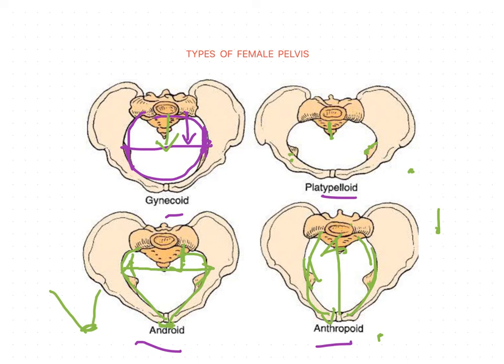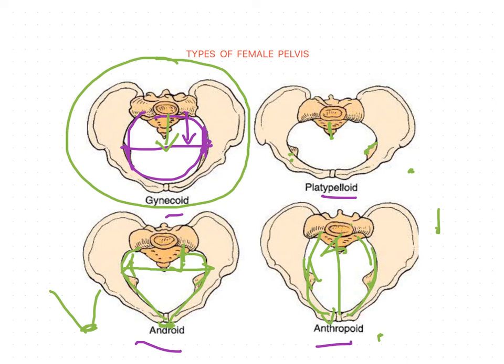Out of these various types of female pelvis, only the gynecoid type permits a normal delivery of the child. The other three represent different types of contracted pelvis, and in these it is difficult to have a normal delivery of a baby. These are all the types of female pelvis.